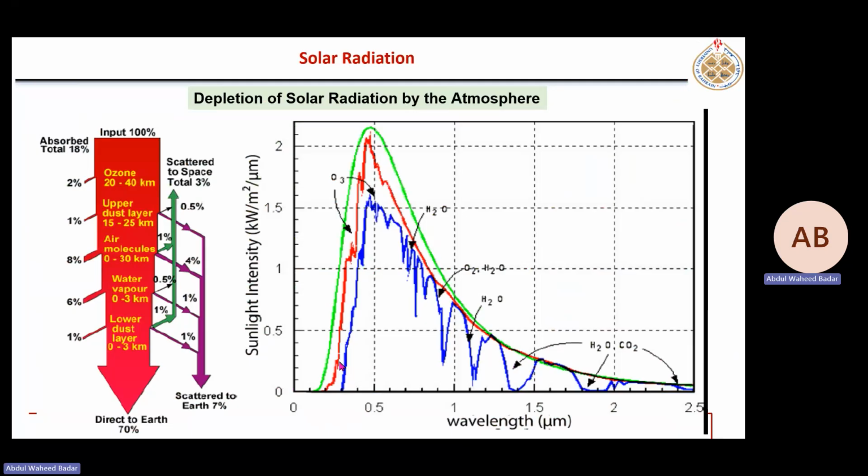So now here see the spectral distribution of solar radiation. This green curve represents a black body curve, a black body at a temperature of 5700 Kelvin, right? That is from Planck's equation.